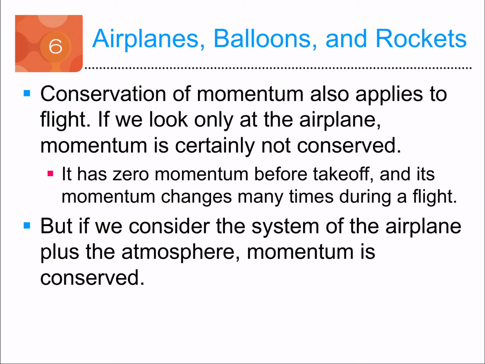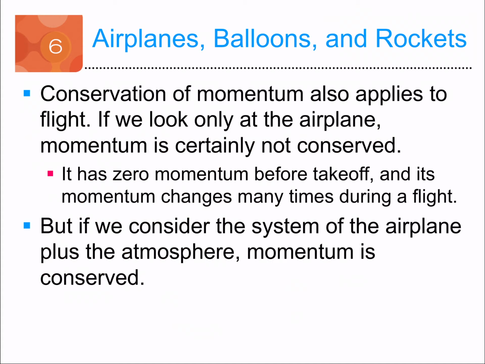The last thing in your chapter we want to talk about has to do with airplanes, balloons, and rockets. Conservation of momentum also applies when you're in flight. If you just look at the airplane, momentum is not conserved. It has zero momentum before takeoff, and it might change during the flight.